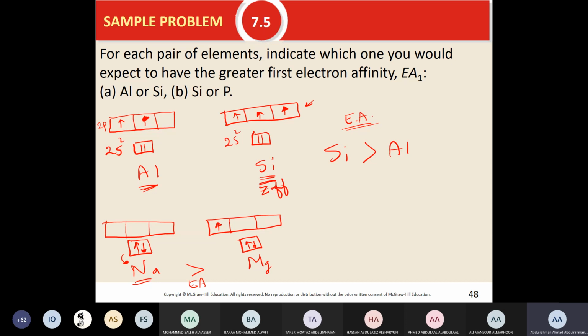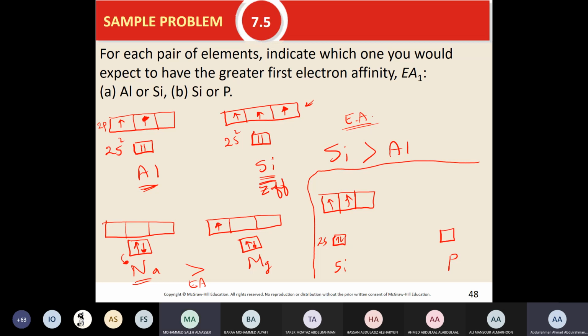Is this clear? Okay, now let's compare silicon and phosphorus. Silicon has 2 electrons in s, the core electrons, and then 2 electrons in p.